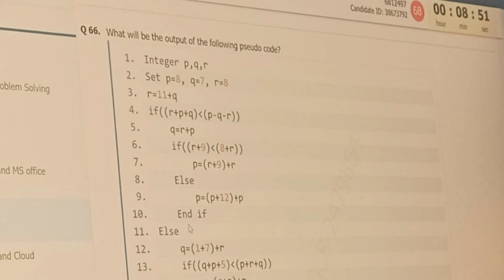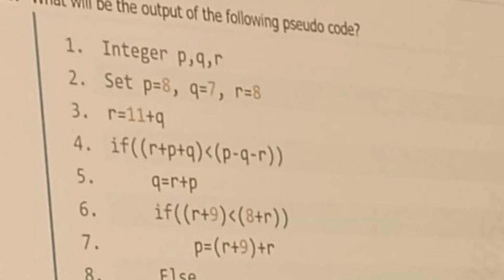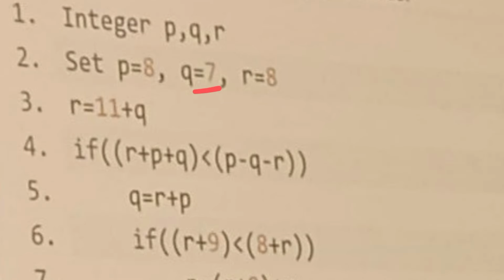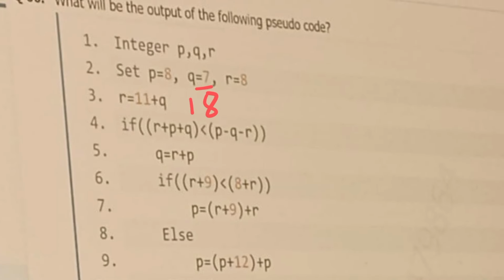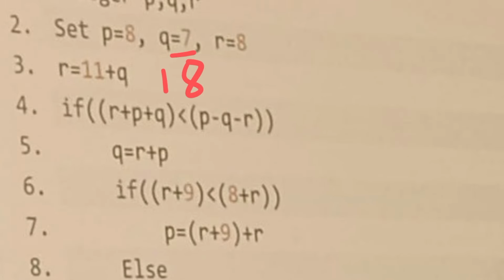So the value of r will be 11 plus q, that is 18. Because the q value is 7, the value of r will be 18 at first. Now we are checking if r plus p plus q is less than this value. p plus q plus r means 8 plus 8, that is 16, plus 7, that is 23.